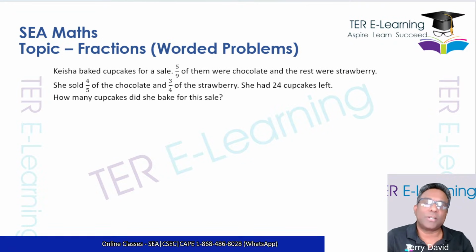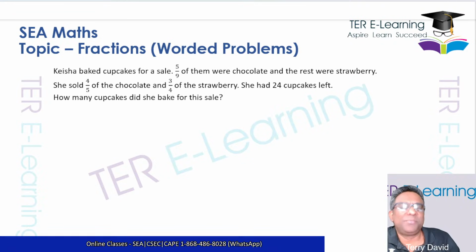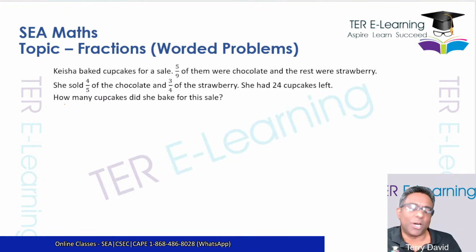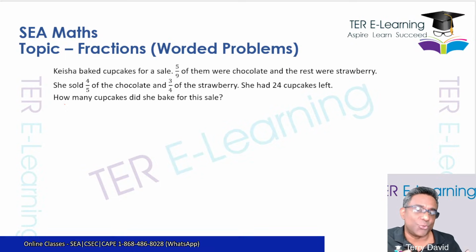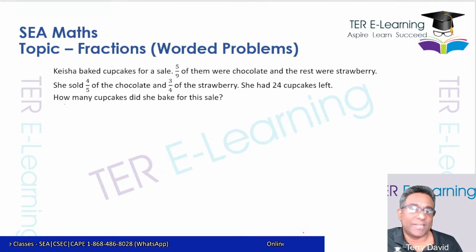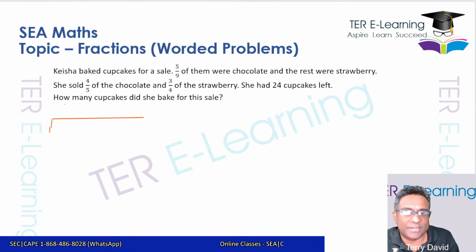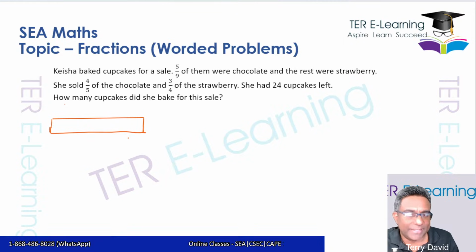Again, a lot of students read this, but they're not visualizing what's happening. I teach a lot of older kids as well, and the best thing to do is to draw little diagrams to help you visualize these things. So that's what I'm going to do. I'm going to use this rectangle to represent my whole, all the cupcakes that she baked.